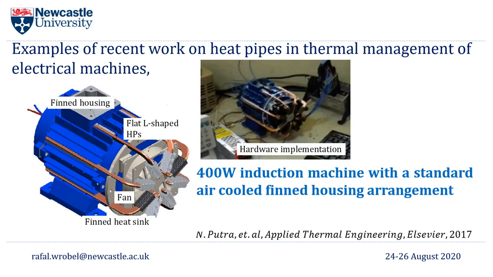Another feasibility study illustrated the use of an L-shaped heat pipe that was retrofitted into a conventional induction machine housing with fins, to then illustrate that potentially we can reduce the overall volume of the machine and introduce a much smaller fan. Clearly you could replace that existing housing with something much lighter and more compact, where the heat pipes allow for heat transport and effective heat removal from the outer periphery of the machine.